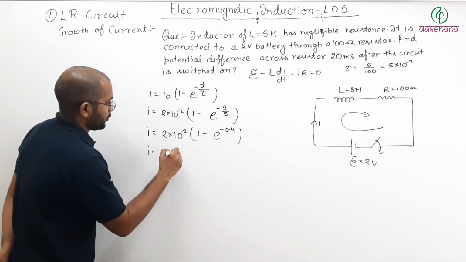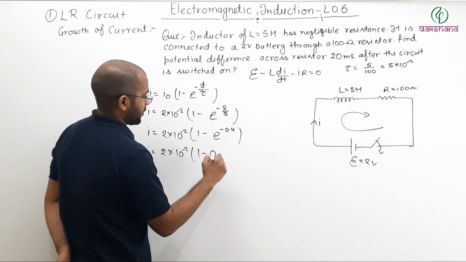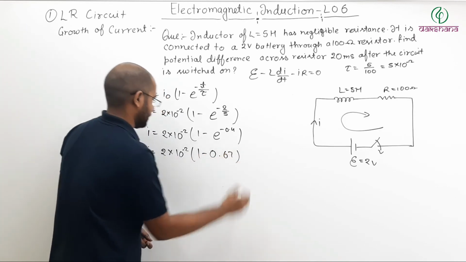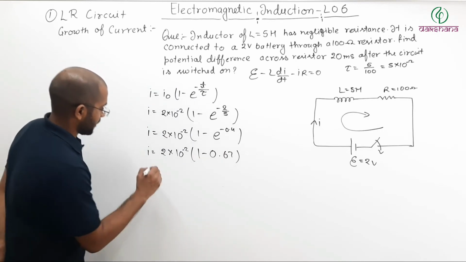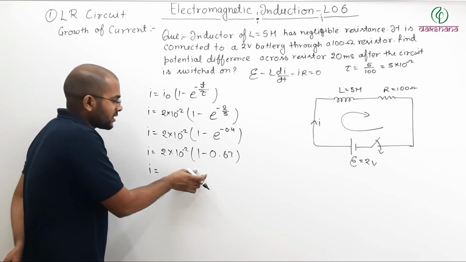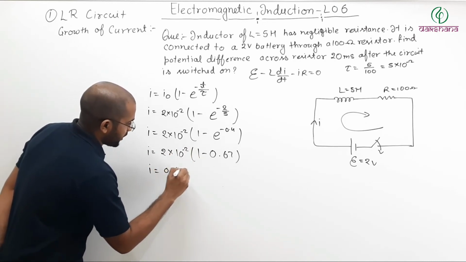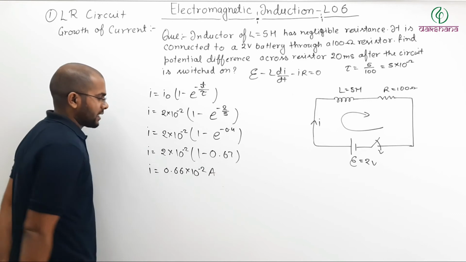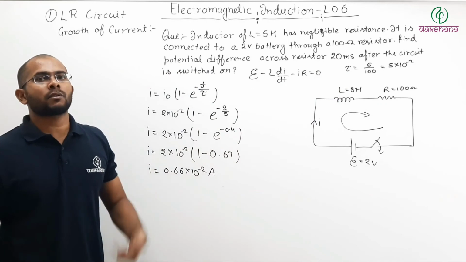So I equals 2 into 10 to the power minus 2, times 1 minus approximately 0.67. That will be 0.33. So I equals 0.33 multiplied by 2, which is 0.66 into 10 to the power minus 2 ampere. That is the current 20 millisecond after the circuit is switched on.